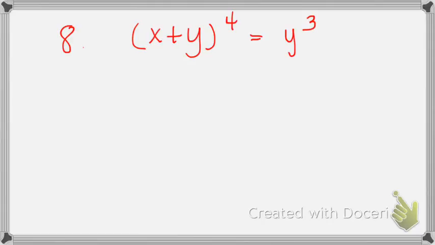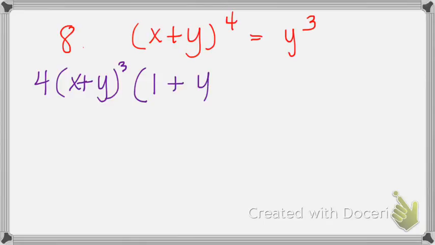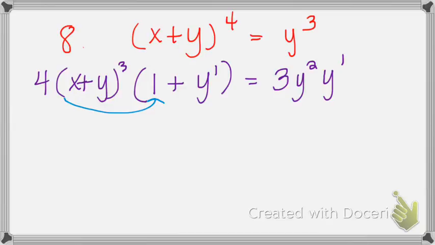Alright, here we go. Here's another one. So I'm going to find the derivative, bring down the 4, raise it to the third, find the derivative of the inside. The derivative of x is 1, the derivative of y is y prime, and then the derivative of y to the third would be 3y squared, and then y prime. Several ways you can solve it, but I think what I'm going to do is take all of this and multiply by each thing.